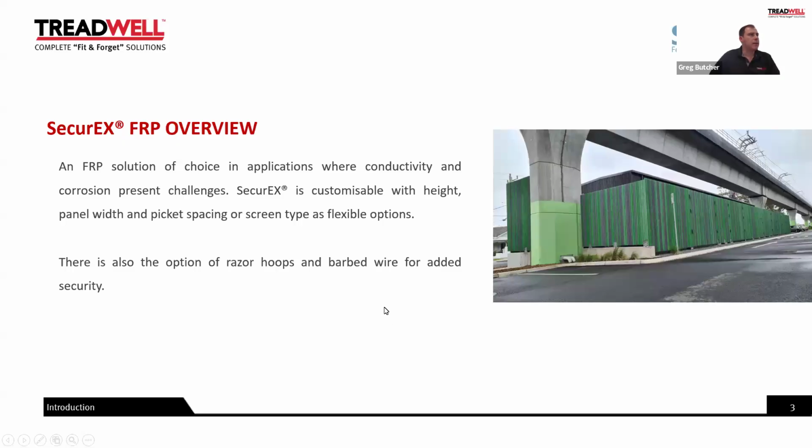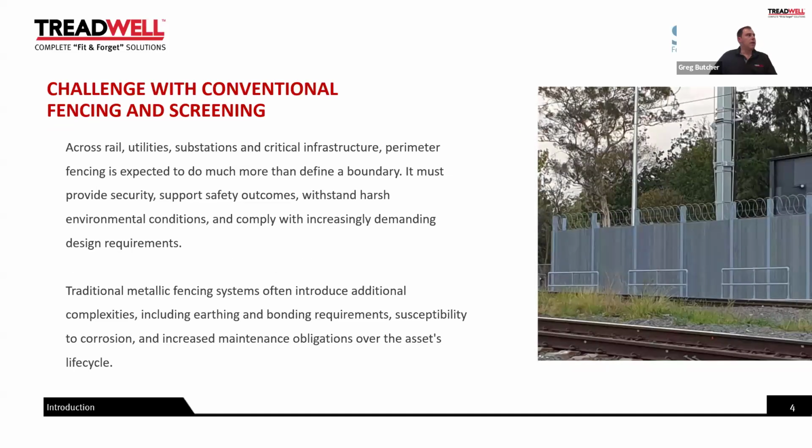But the product range is not only fencing and screening, but also includes gates and complete security arrangements as well in terms of razor wire and barbed wire additions. So a bit of an overview of where we have used the product in the past. It's been used across various different rail infrastructure, substations, other critical infrastructure and perimeter fencing for those applications.